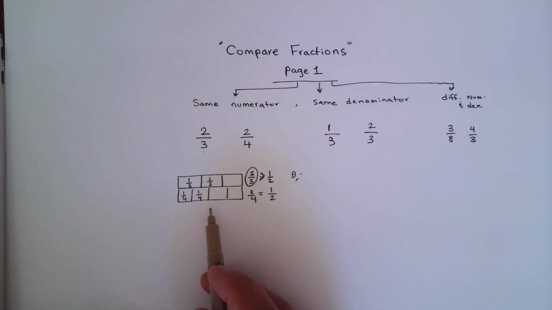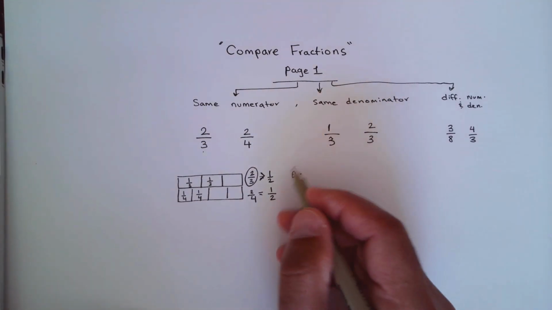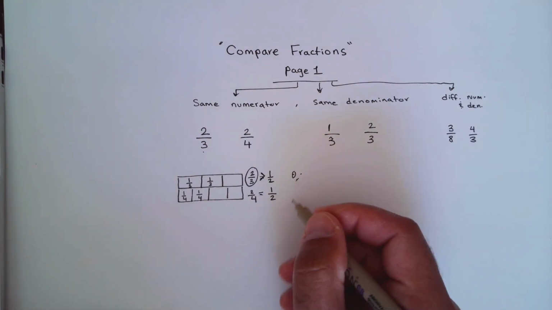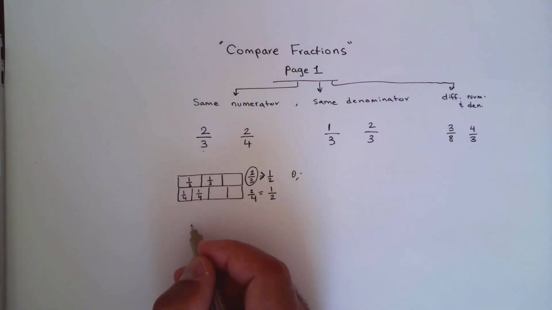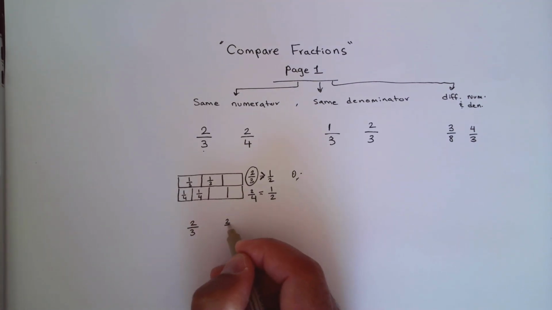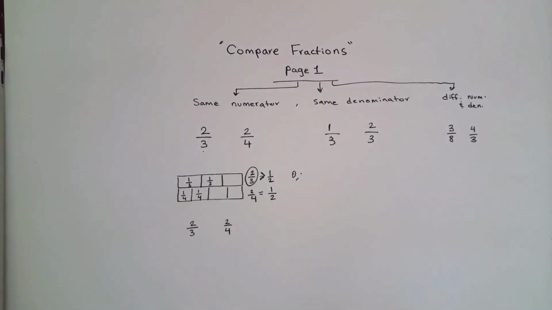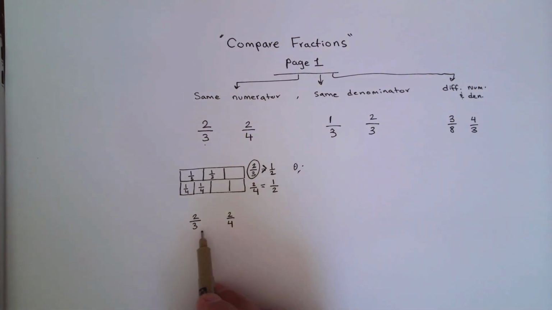So we used a model to compare our fractions. I used here benchmarks. I used the half benchmark to prove that 2/3 is bigger. I mean, you could have proven it differently. Like you could say, okay, 2/3 and 2/4. Let's create a common denominator between the thirds and the fourths.